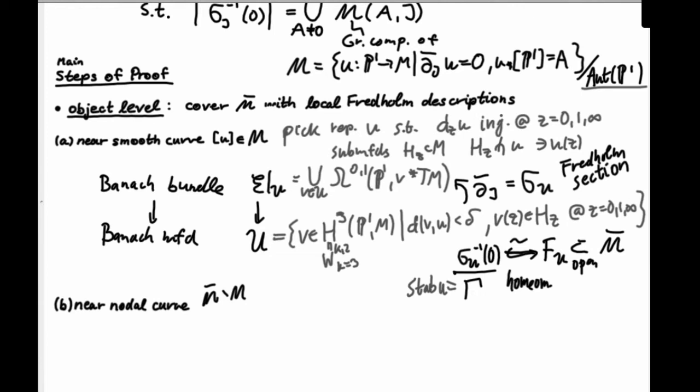So, mainly as a reminder of what our setting is, also as a structural reminder that when I say local Fredholm description, I mean Banach bundle, Banach manifold, a Fredholm section, so that the zero set, maybe modulo some morphisms, is locally homeomorphic to an open subset of my moduli space.